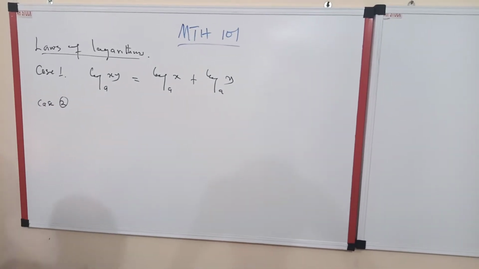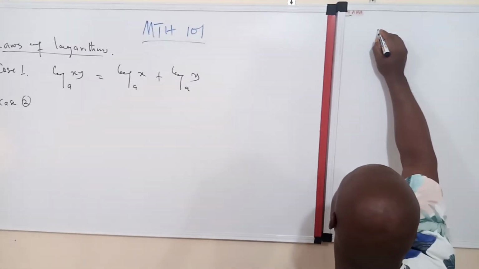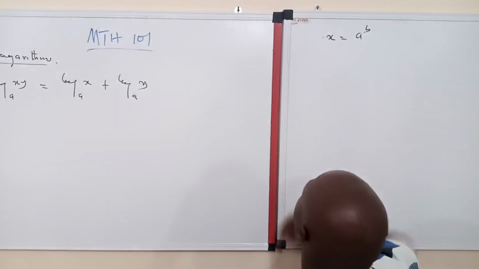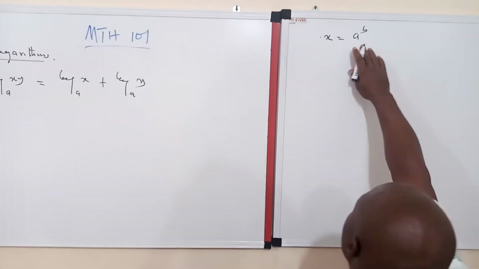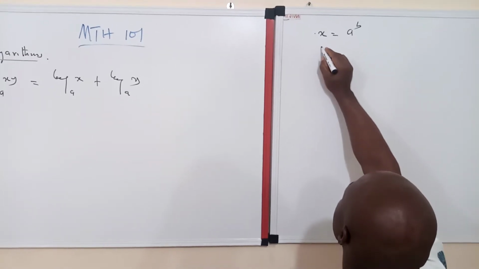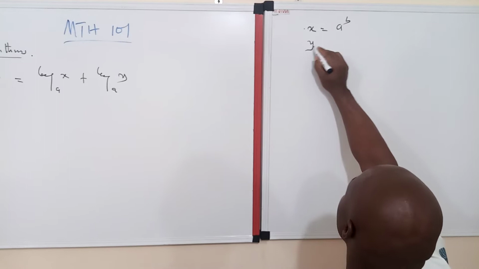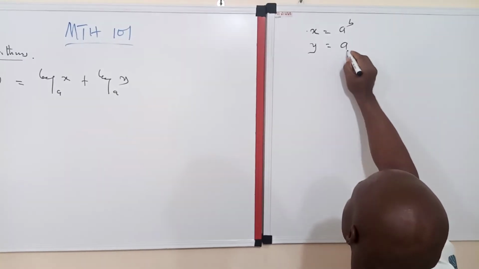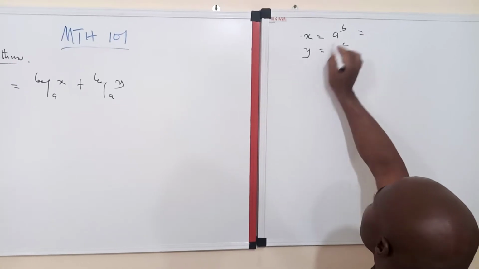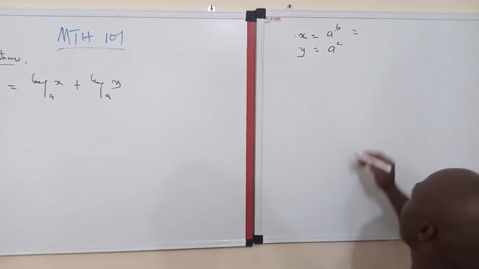Given that we have x equal to a raised to power b, where a, b, c are real numbers, and let's also give that y is equal to a raised to power c. Now, this is in terms of indices. We have said that we can rewrite this in terms of logarithms.